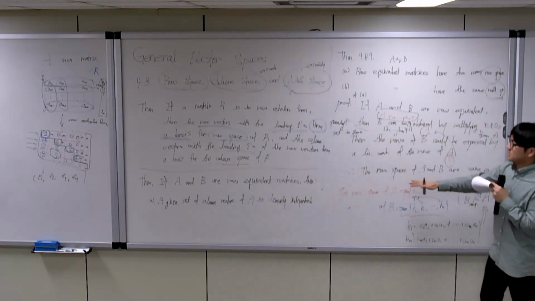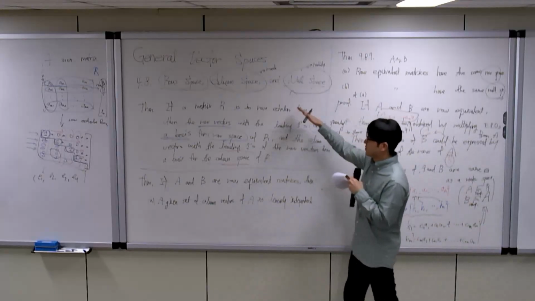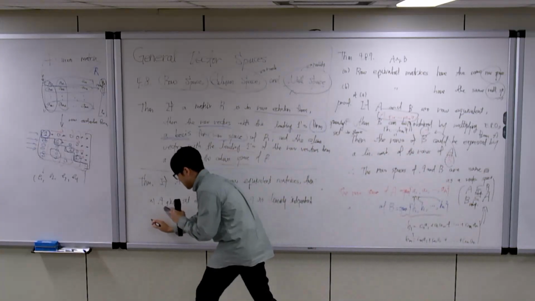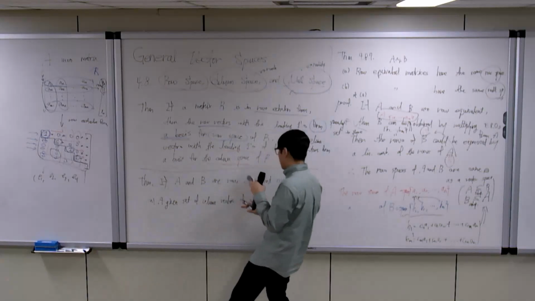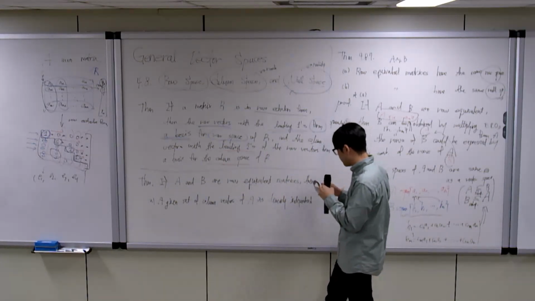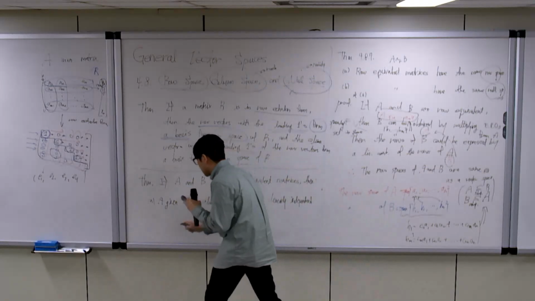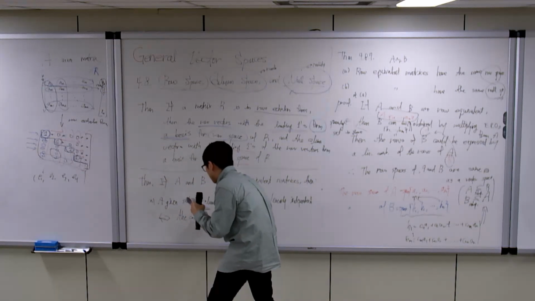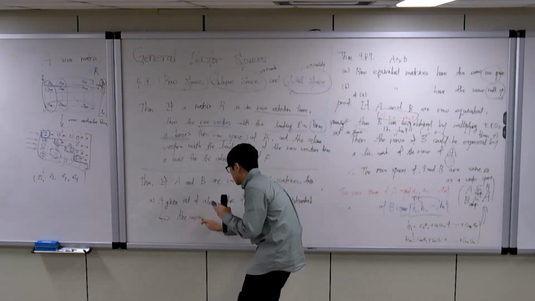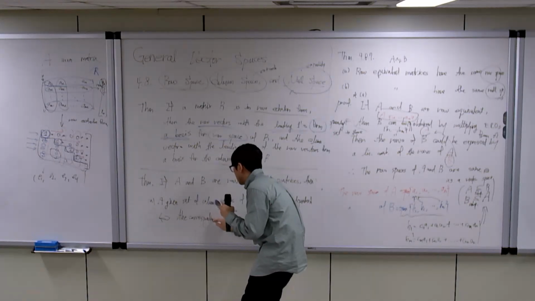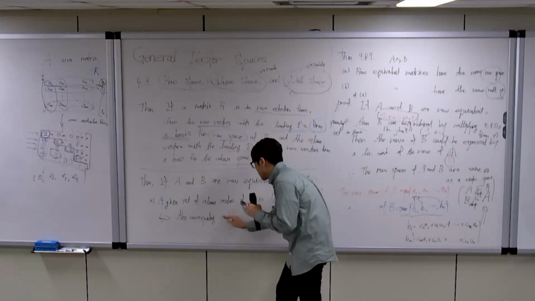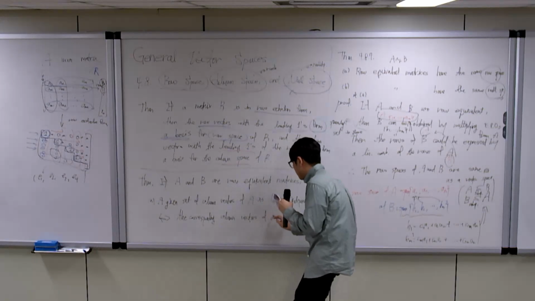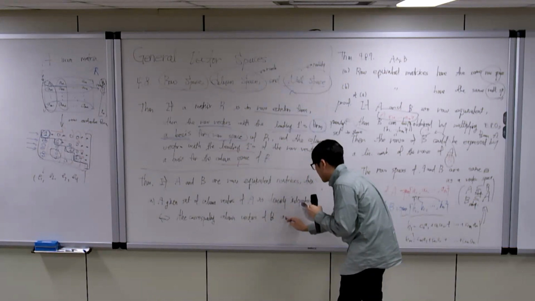We just said this for the row echelon form, but we will extend it to any row equivalent matrices. So A is linearly independent if and only if the corresponding column vectors of B are linearly independent.